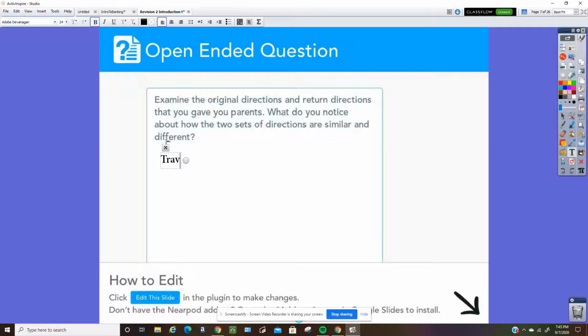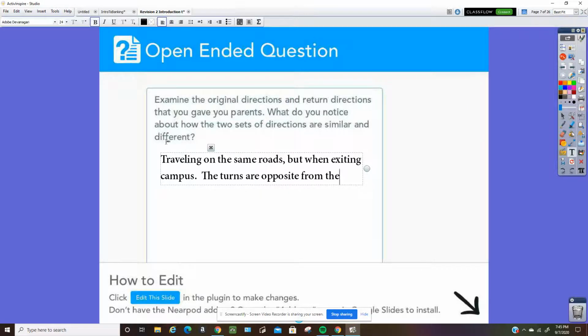Traveling on the same roads, but when exiting campus, the turns are opposite turns made when you entered.